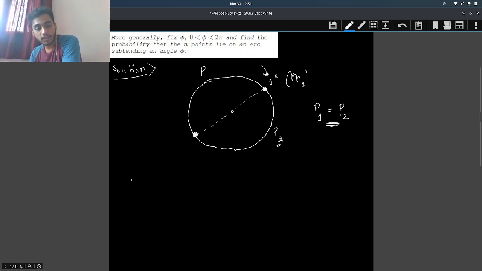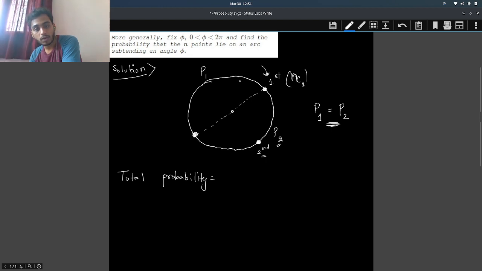Now basically what is the total probability? If we fix this, wherever our second point is, let's say our second point is on this side, then it's obvious that all the points will have to be on this side. They cannot be on this side, right?